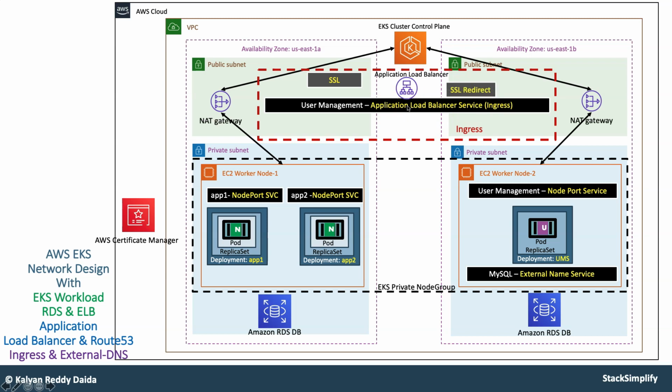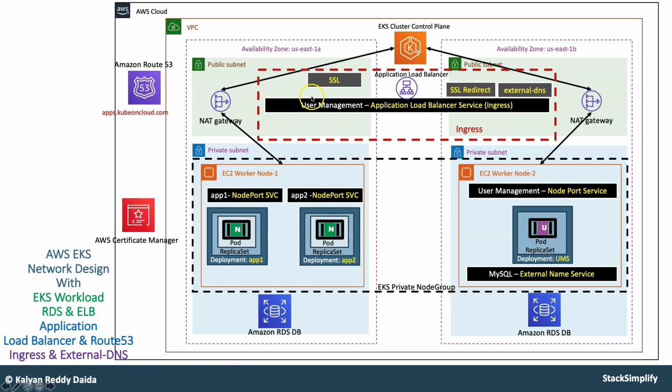Next, we want all our HTTP requests to be automatically routed to the HTTPS URL. So we will implement those changes, the SSL redirect, and also enable the external DNS service. For the applications we are deploying, app1, app2, and the user management node port service, I want them to be registered with the DNS name apps.kubeoncloud.com.